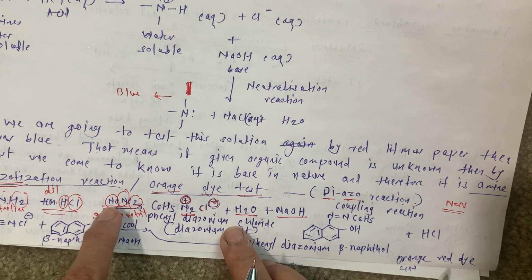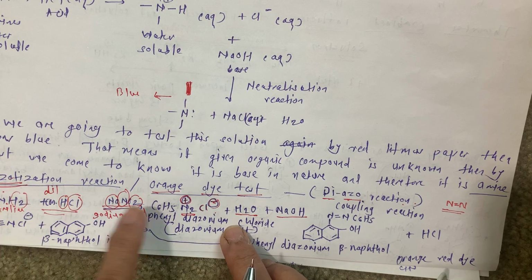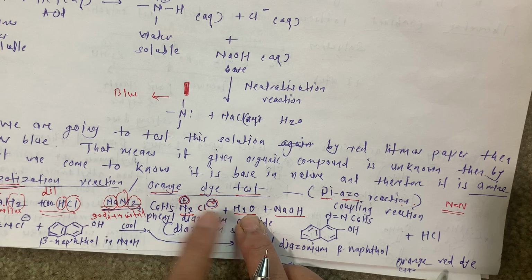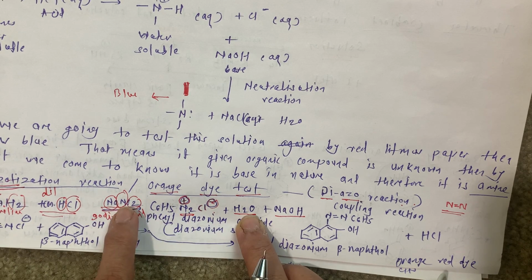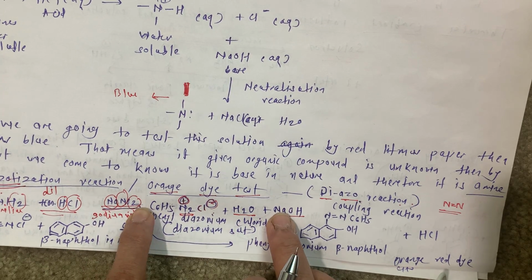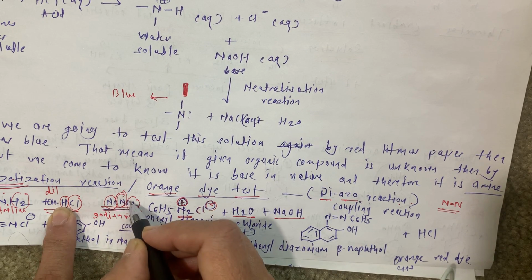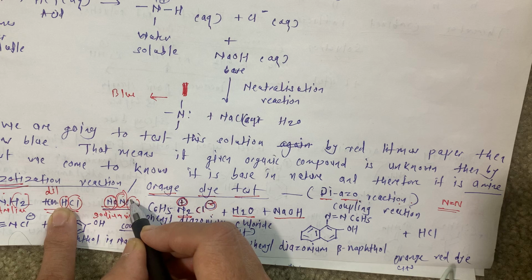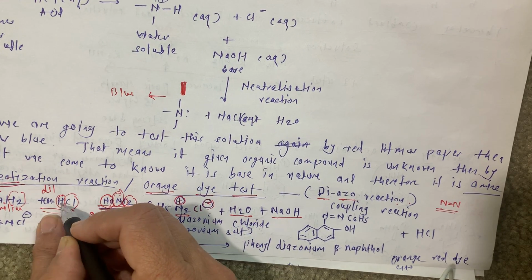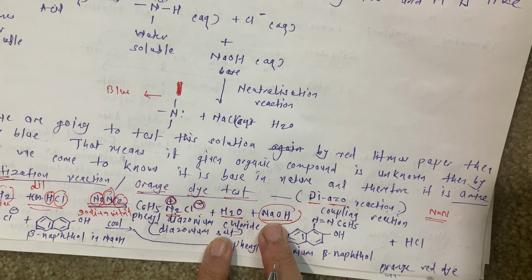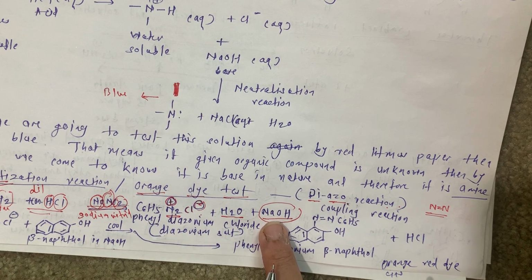One oxygen is going to form H2O with the two hydrogens. Then Na and one O are remaining, and one H is from here. So this Na, one O and one H form NaOH.